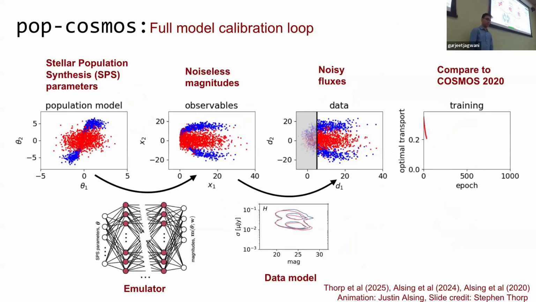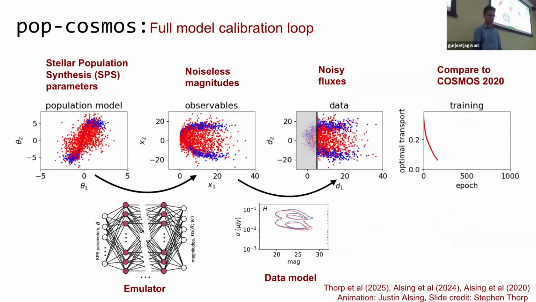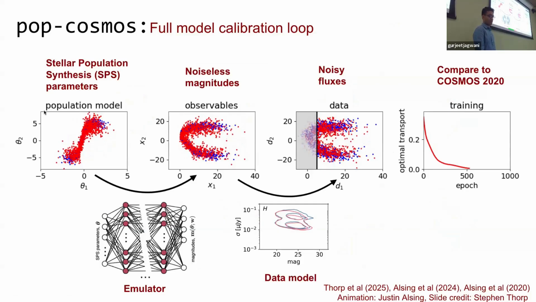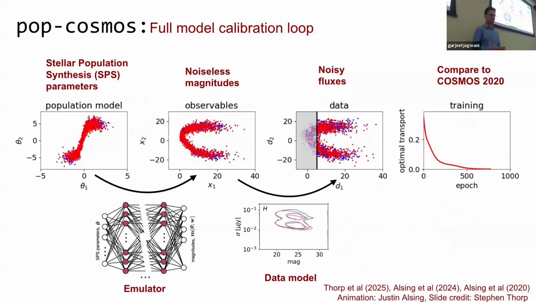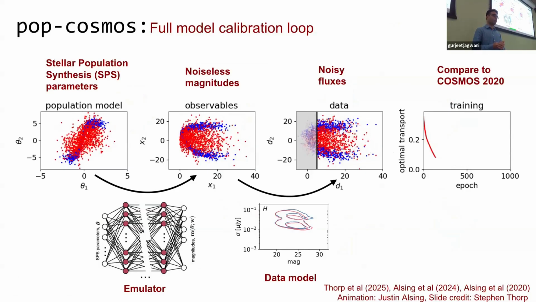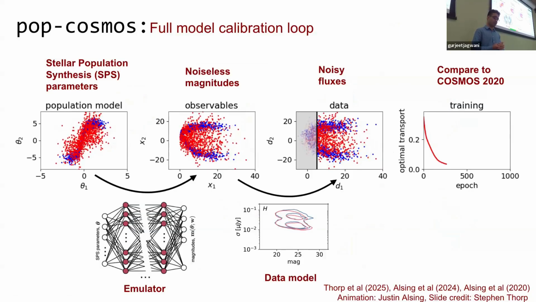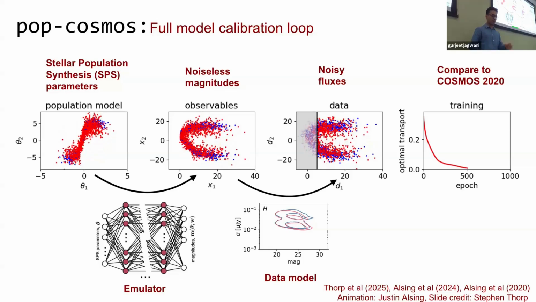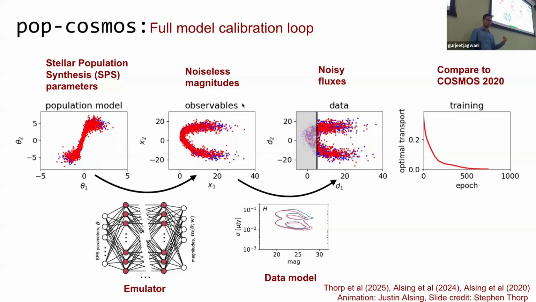This is the full model calibration loop. So basically, you go from this population model that we have, which is the 16 SPS parameters, again, different parameters like mass, flux, star formation rate, what's the redshift of each galaxy, etc. And then we throw that into an emulator and we get noiseless magnitudes, so just fluxes that don't have any noise.